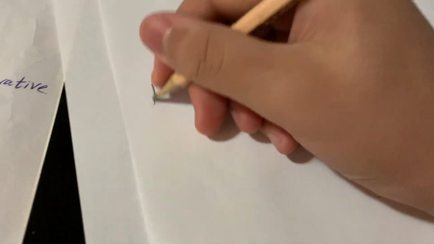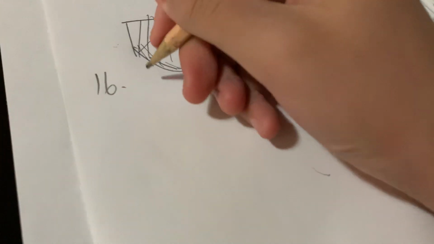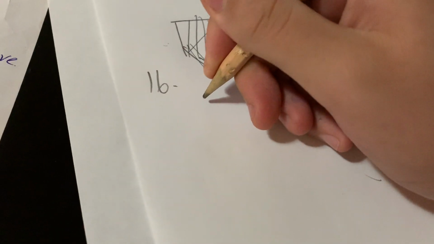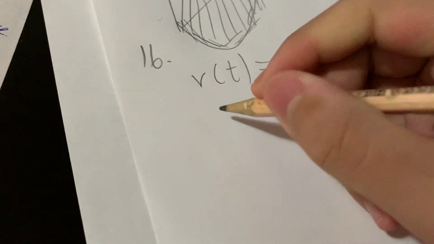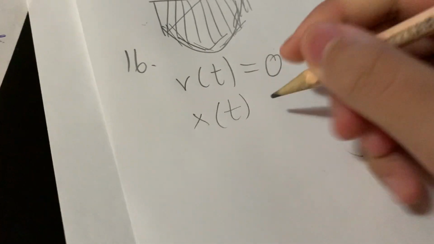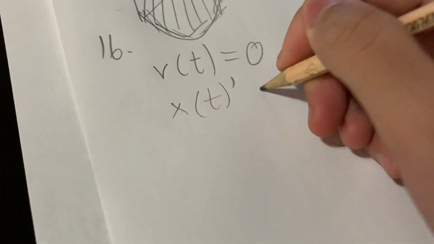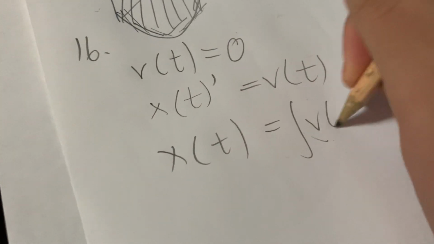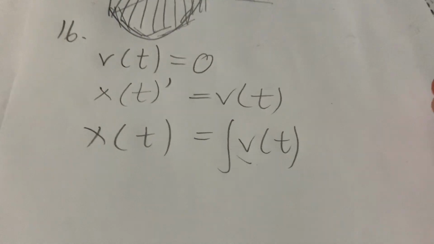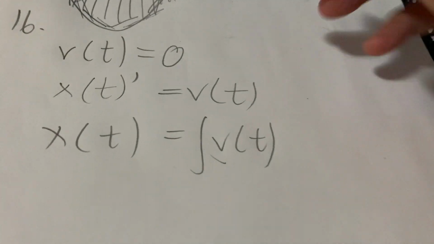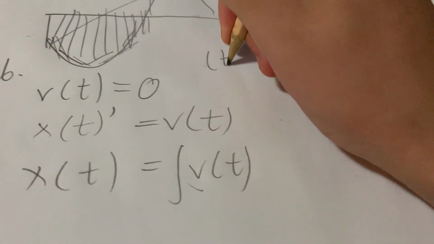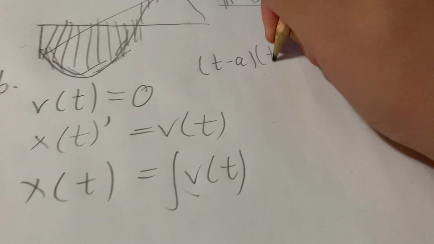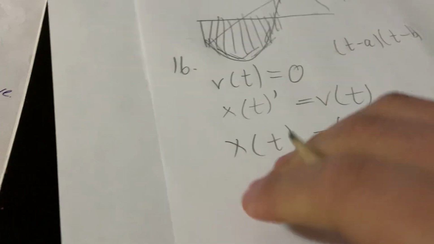So if we want to find when it is at rest, the velocity is equal to 0, so the derivative of this is equal to this.